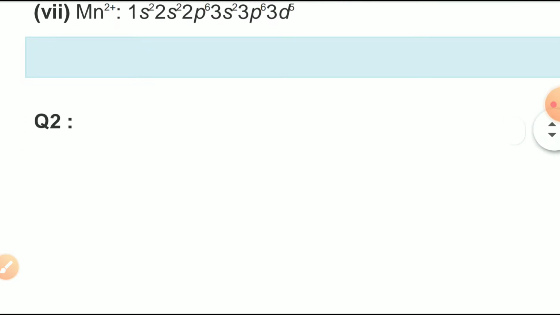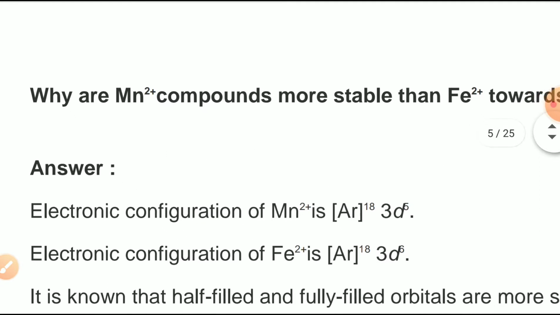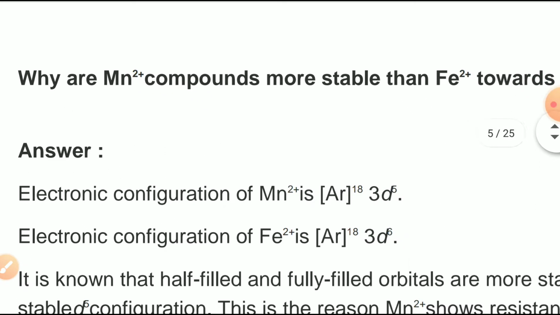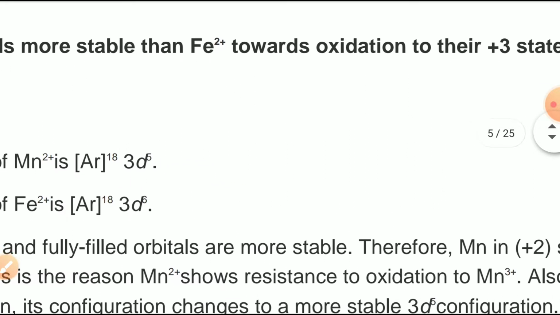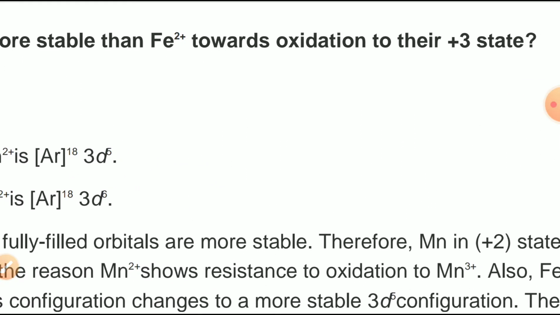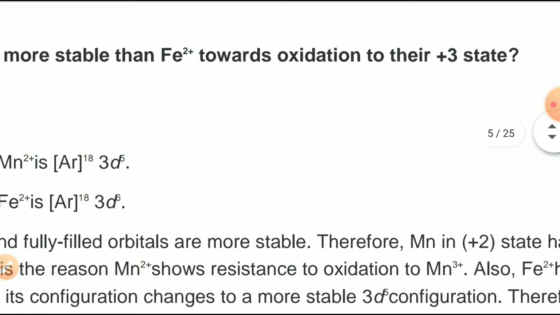Okay, then see the question number 2. Why are Mn2+ compounds more stable than Fe2+ towards oxidation to their +3 state?